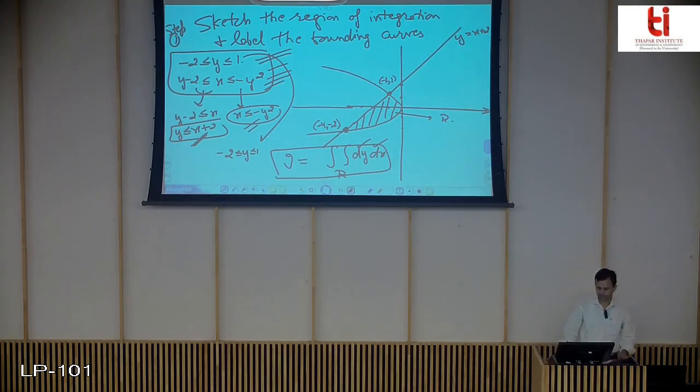Now you can see when I draw an imaginary line crossing through this region, since I need to find the limits of integration first with respect to y, I need an imaginary vertical line crossing through this region. So you can see this imaginary line, wherever I draw, it always enters through the parabola. And when it leaves, does it leave from the same boundary?